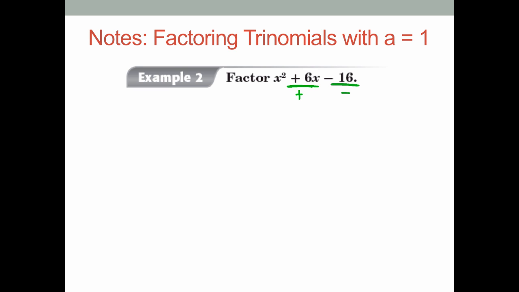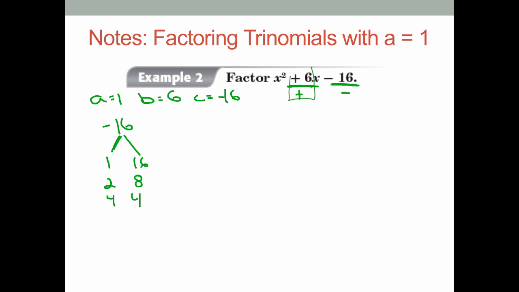Now, in this last example, the b is positive, and the c is negative. So I know that when I do my a equals 1, b equals 6, c equals negative 16, when I break down negative 16, one of those factors is going to be positive, and one of them is going to be negative. Now, what I do is I just list out all the ones that are going to multiply to a negative. And I look at the middle term, the b.